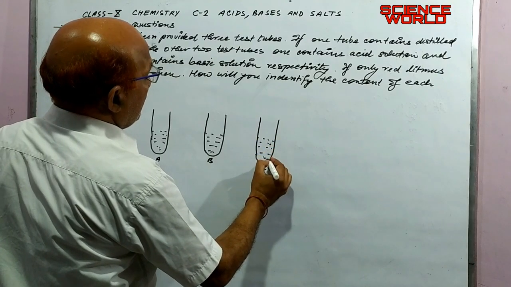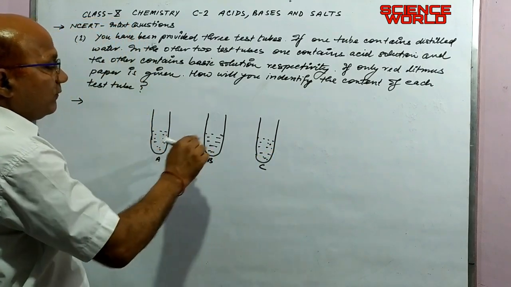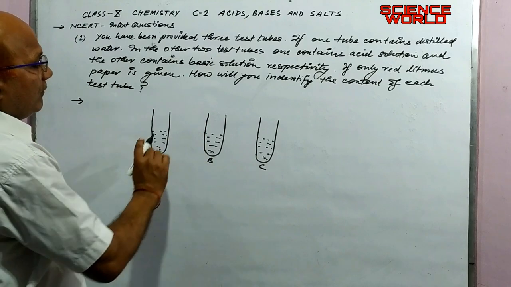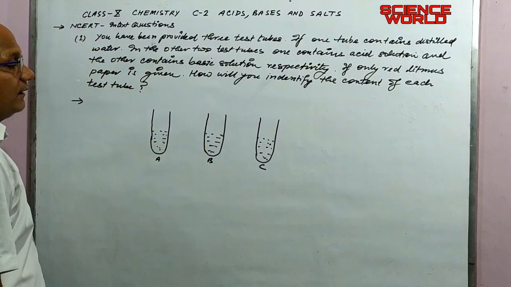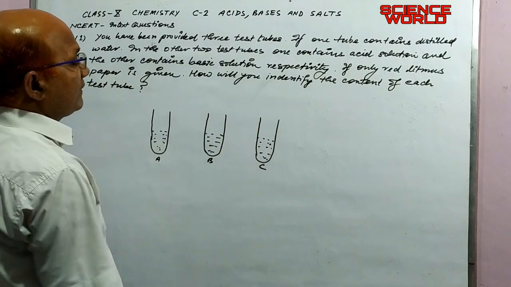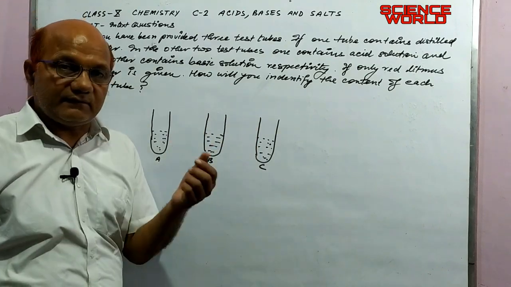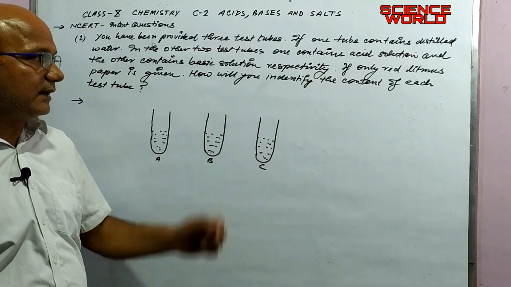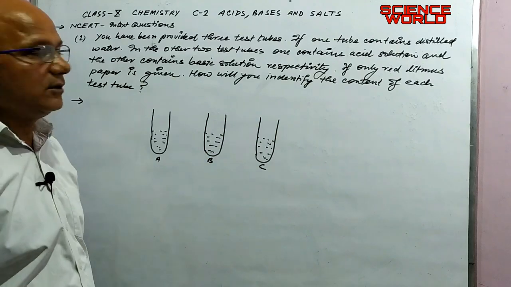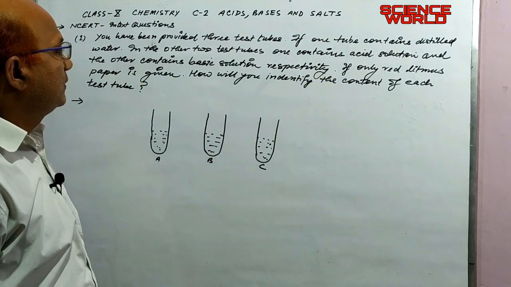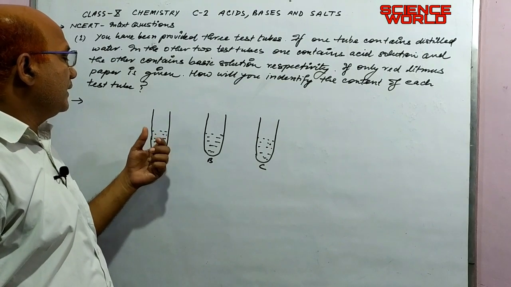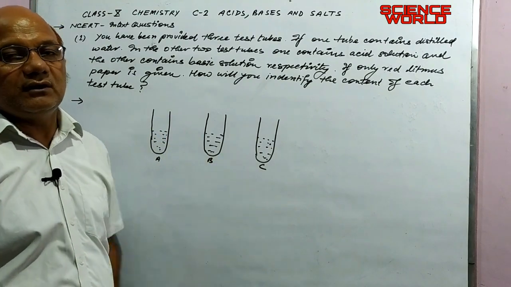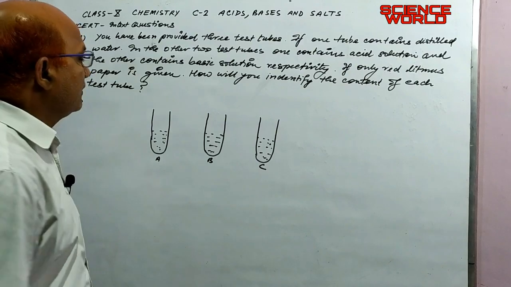Out of all these 3, one test tube contains distilled water and in the other two test tubes one contains acidic solution and the other contains basic solution. You have to find out in which test tube acidic, basic or distilled water is contained.